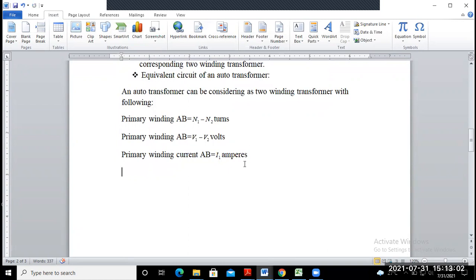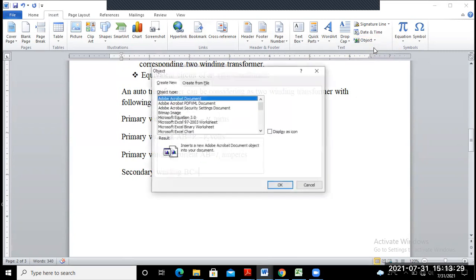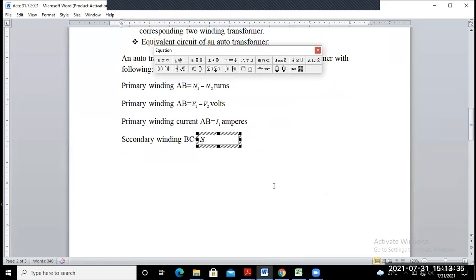So the secondary winding BC has the number of turns equal to N2, N2 turns.